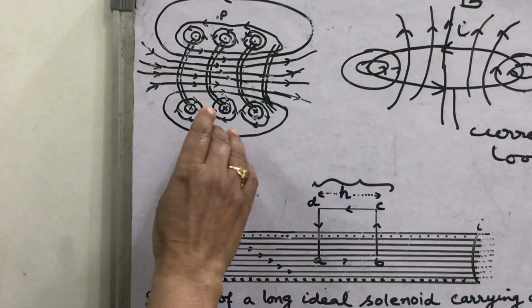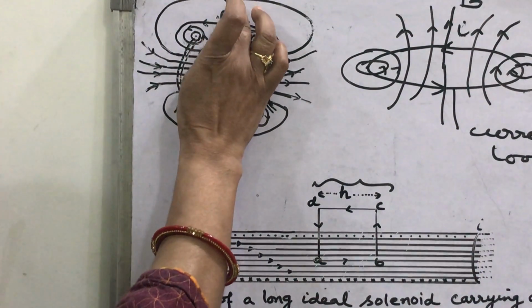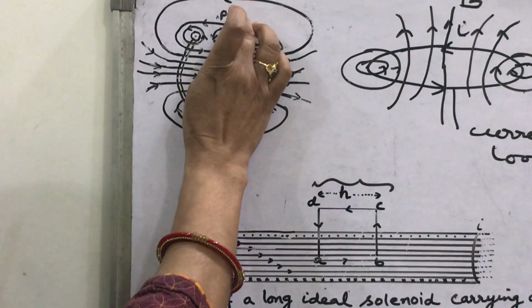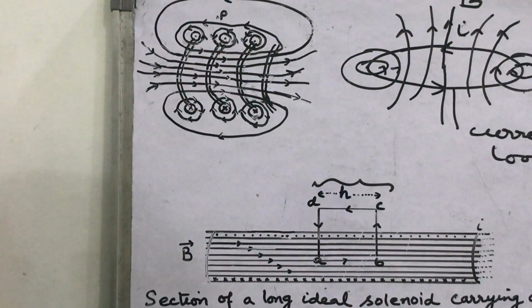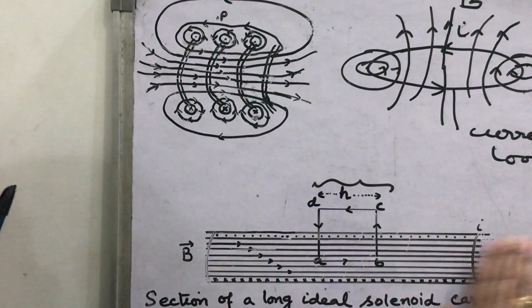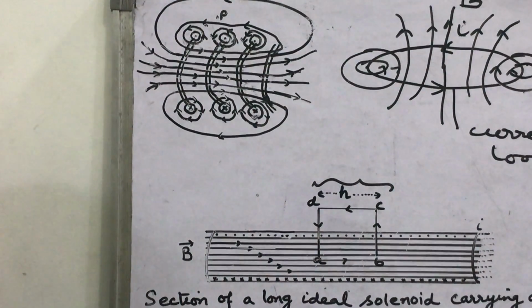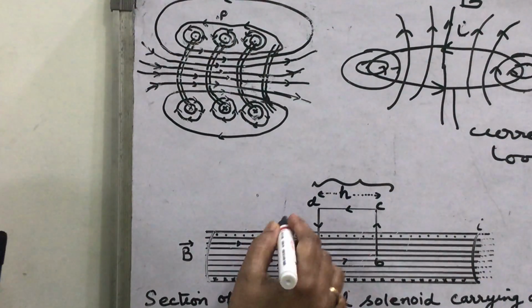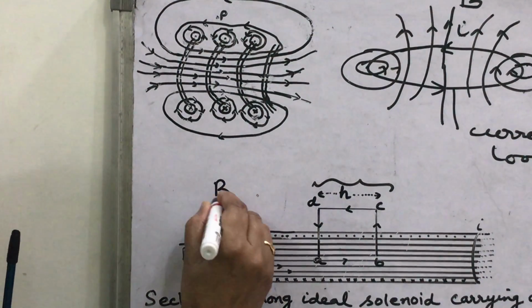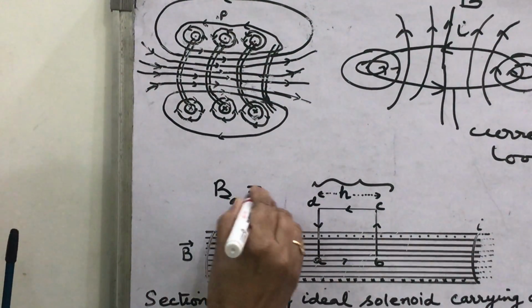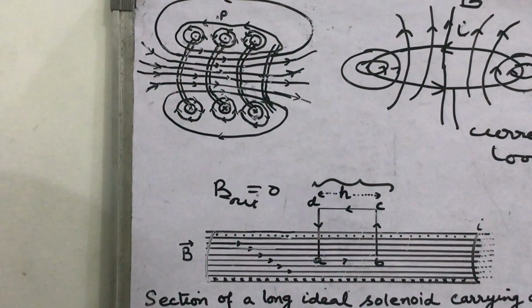Look here, the field lines are very weak, and for a long solenoid, meaning its length is large compared to its diameter, the magnetic field at the outer points is 0. That is, B outside the solenoid is 0.